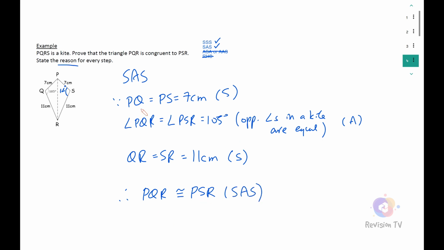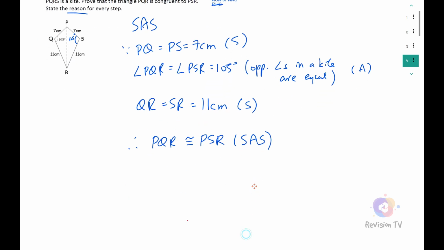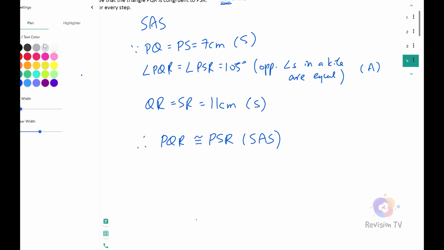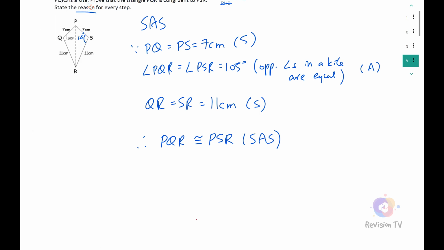Now, what did I say about SSS? Well, it could be SSS as well. I'm going to show you why. It's SSS because PQ, same as PS, obviously, QR, same as SR, but PR, they're also equal because PR is shared. So you can also argue it's SSS. So the reason is because PQ equals PS equals 7 centimeters.